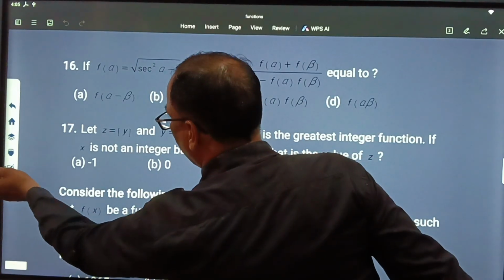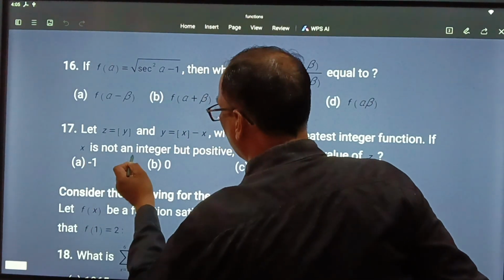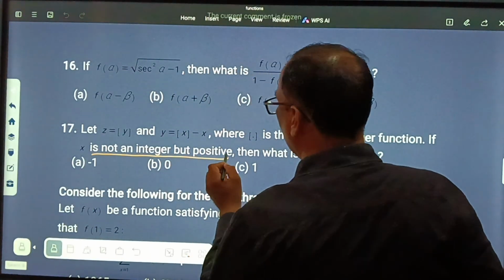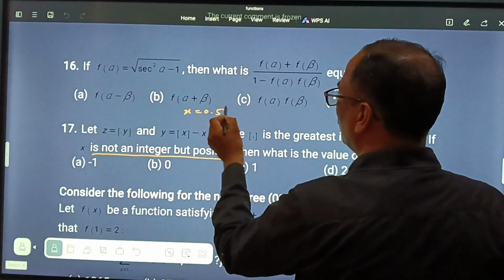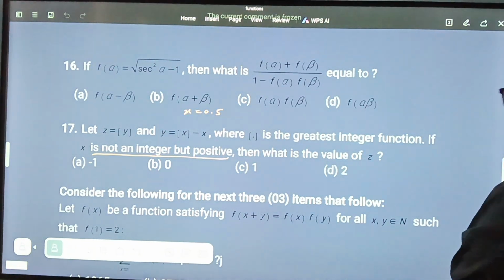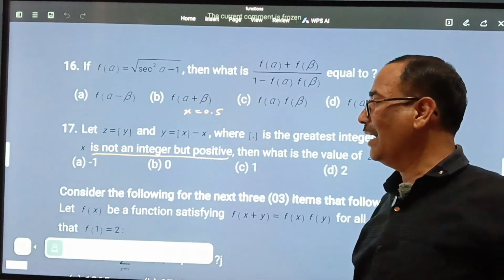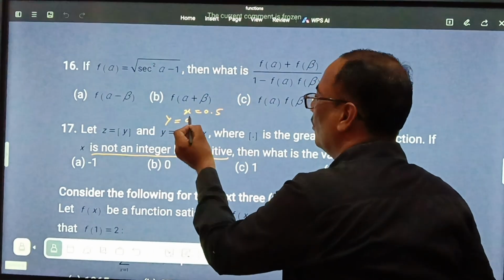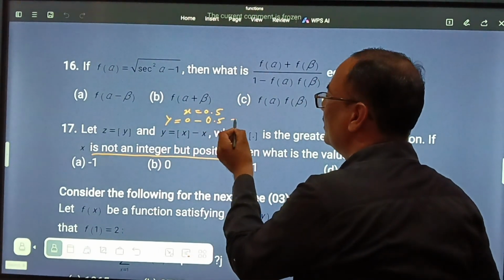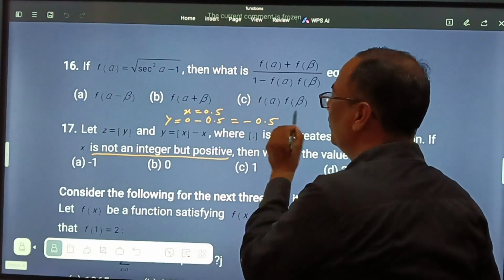So we can take x as a positive number that is not an integer, suppose x equals 0.5. Then its greatest integral value is 0, minus 0.5, that is equal to minus 0.5.